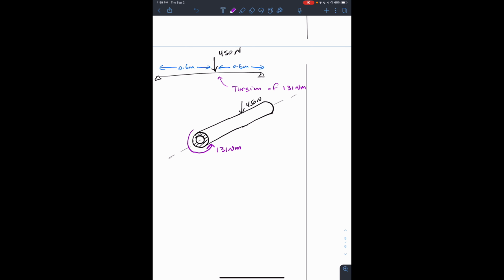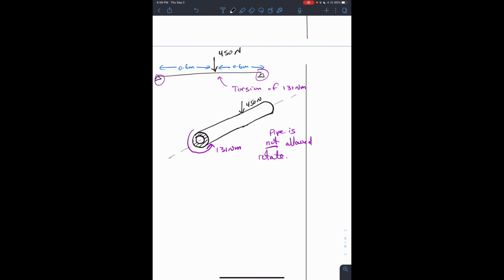Right, so the pipe is fixed. By fixed, I mean it is allowed to be simply supported, but is not allowed to rotate. So the pipe is not allowed to rotate. Right, so essentially what we have there is torsion.